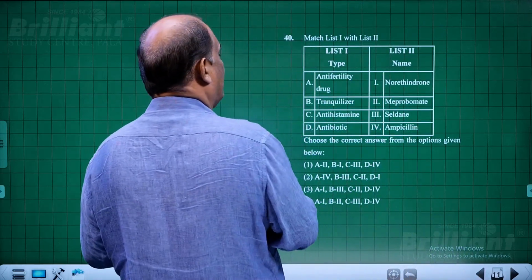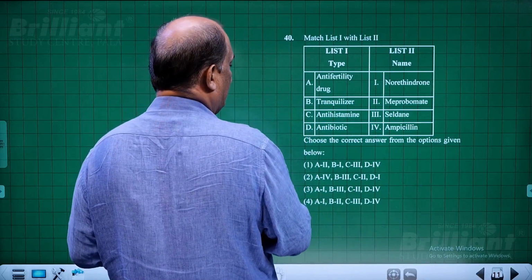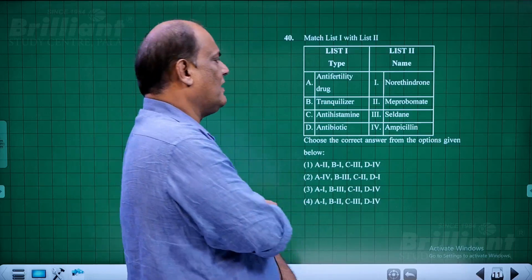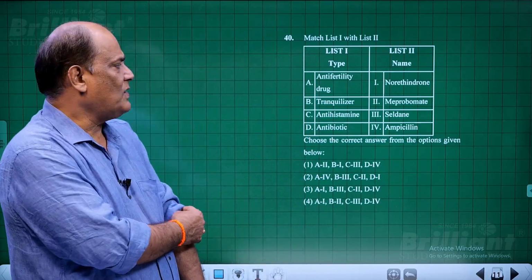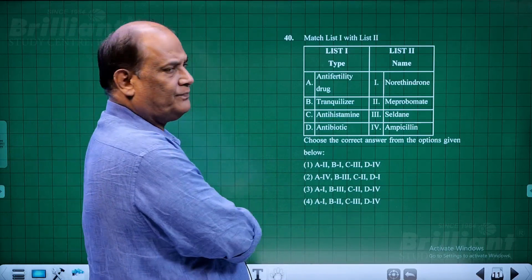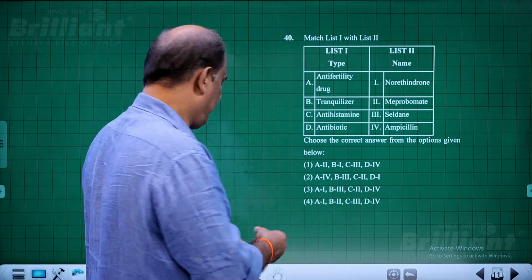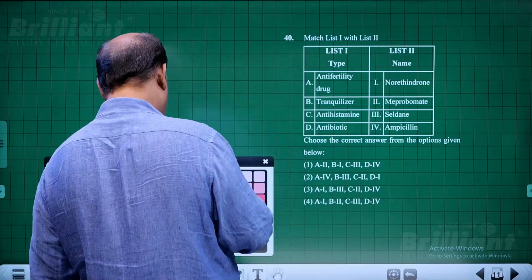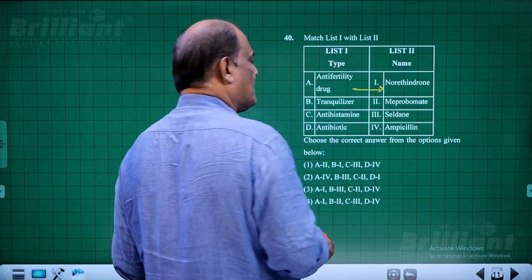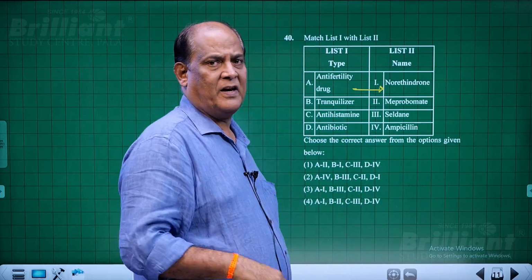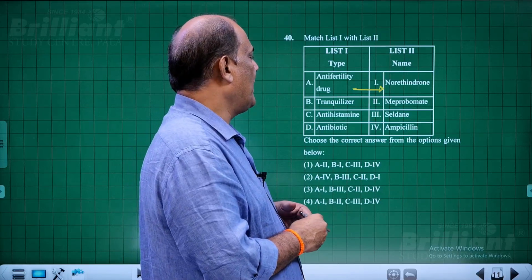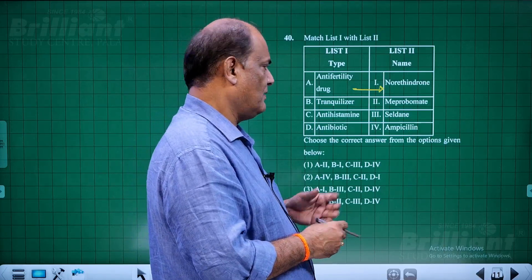So this is anti-fertility drug, tranquilizer, antihistamine, antibiotic. Anti-fertility drug is norethindrone, that is correct. This is a tranquilizer, a sleep-inducing medicine, equanil, meprobamate, that is also correct.